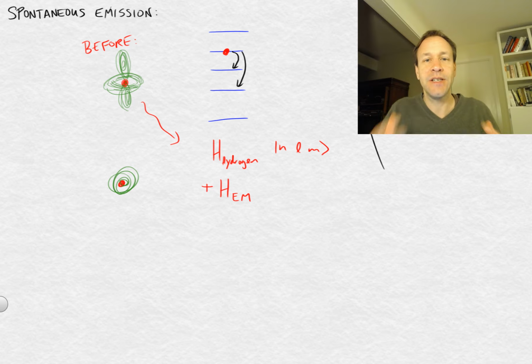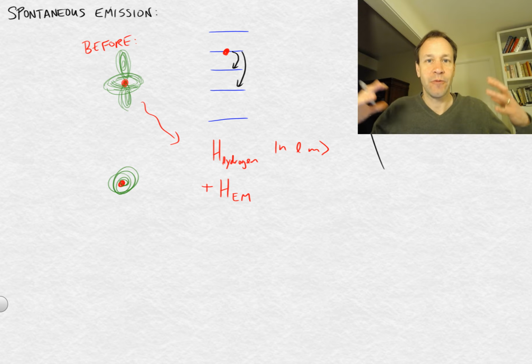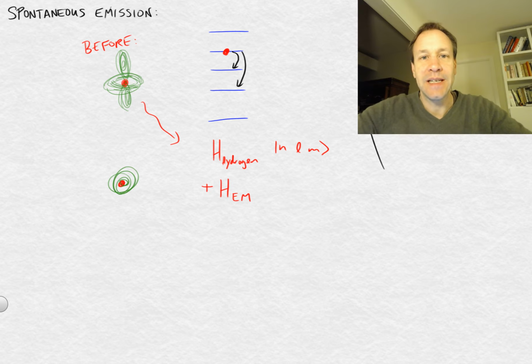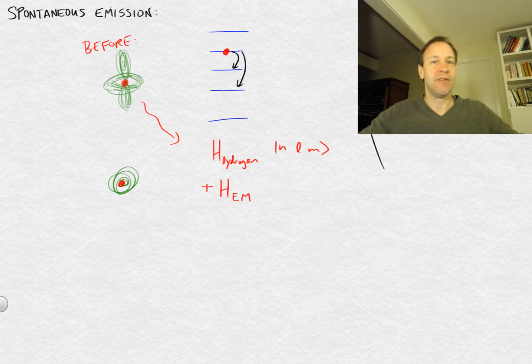And now in our initial configuration, we don't have any electromagnetic fields turned on. We can think of the electric and magnetic fields as being in their ground state. But the point is that in this combined system of hydrogen atom plus electromagnetic fields, the ground state of hydrogen and having no electromagnetic fields, that's a true energy eigenstate of the full system.